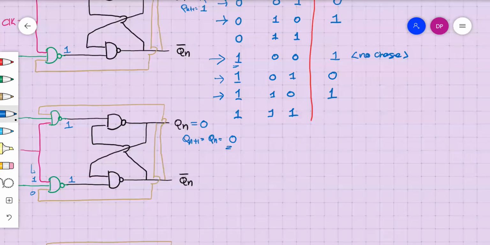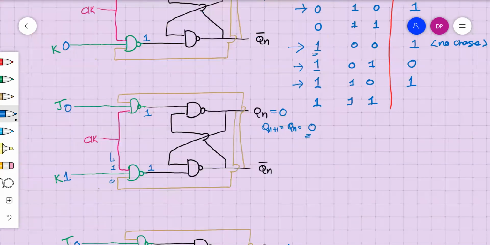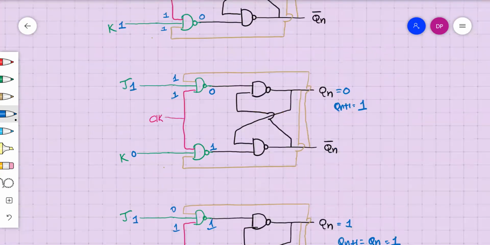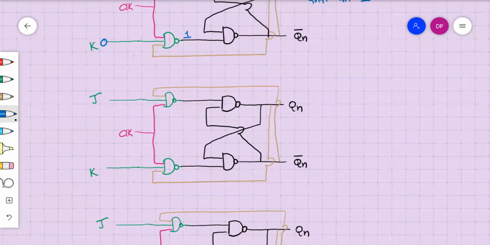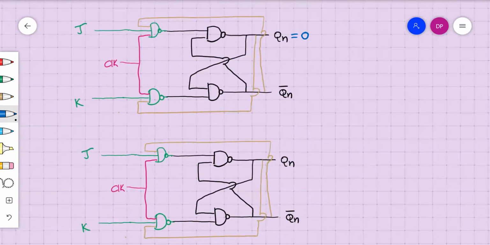Now comes the case of input 1 and 1, which was causing a problem in the SR flip-flop. Now when both inputs are 1 with present output 0, let's see what we are getting.